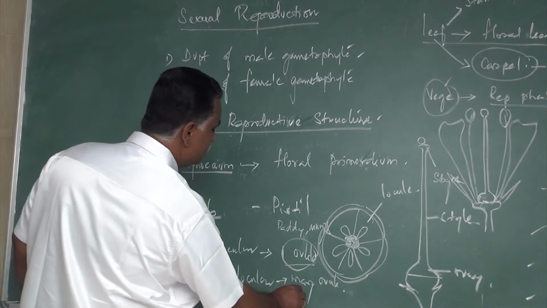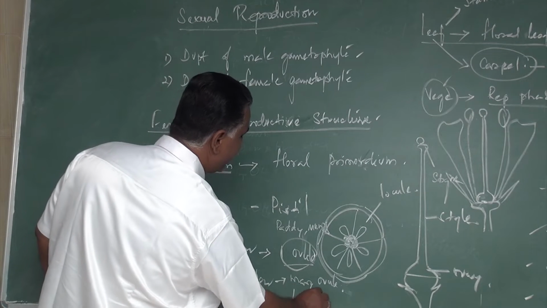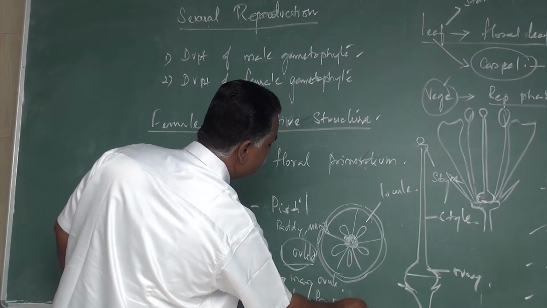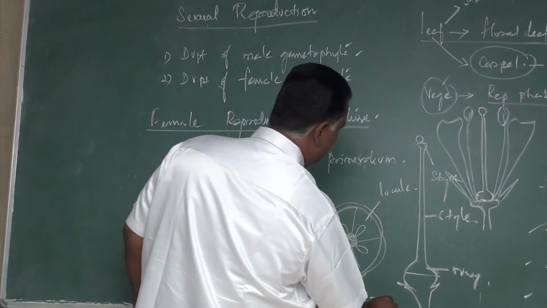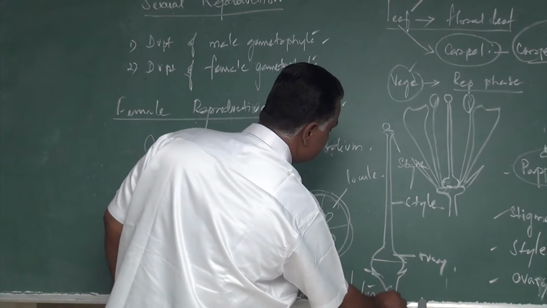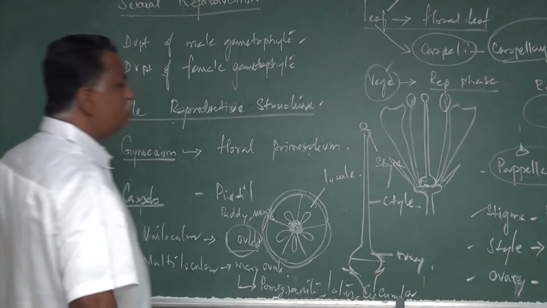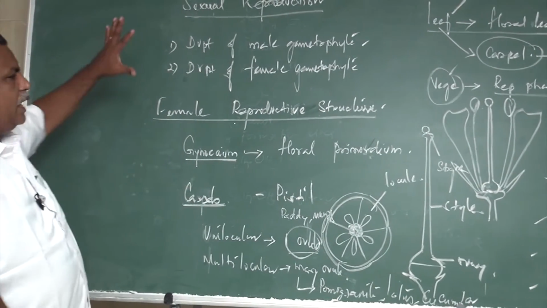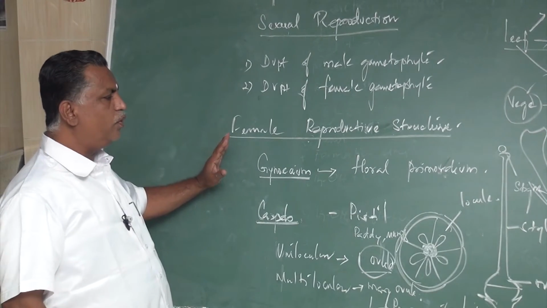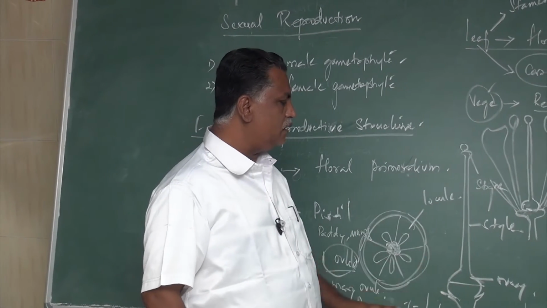In cases like pomegranate, lotus, cucumber, the number of ovules are many. So, gynoecium is made up of three very clear parts, namely stigma, style and ovary.